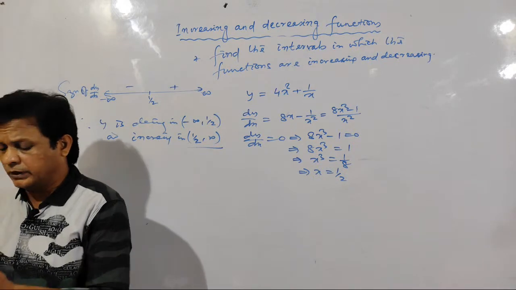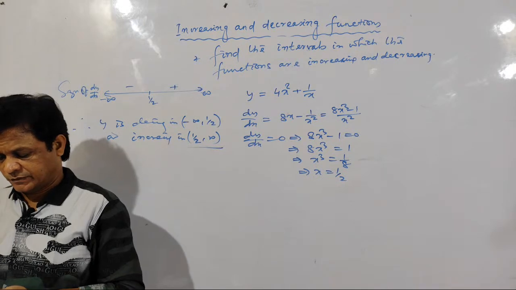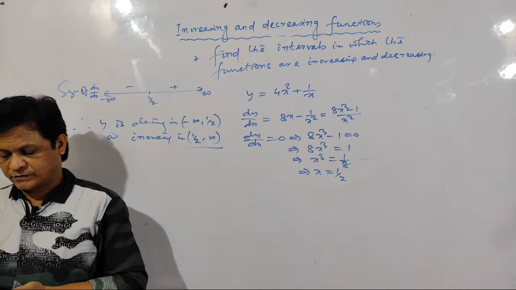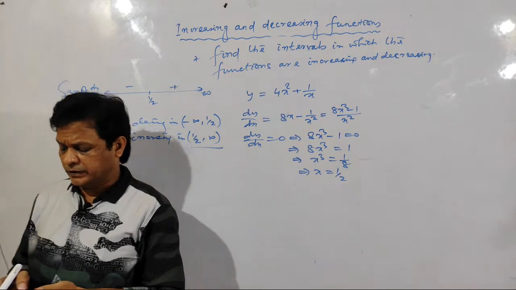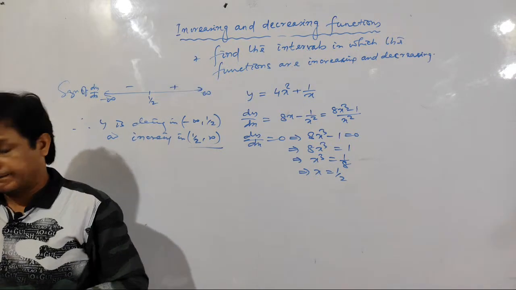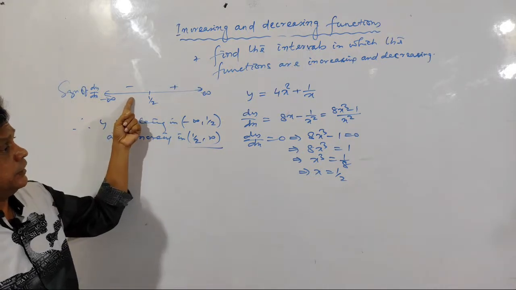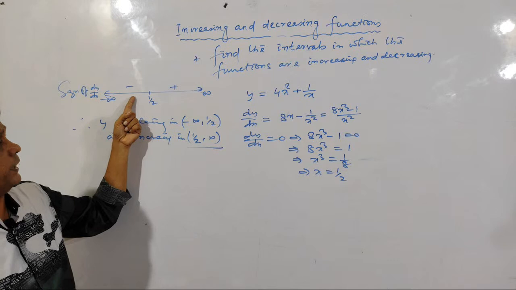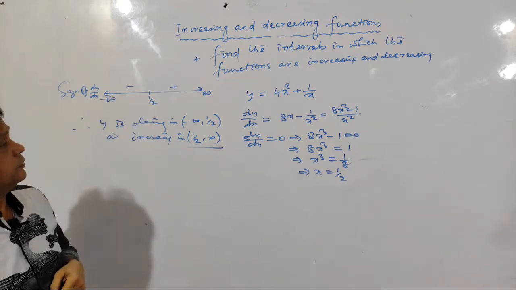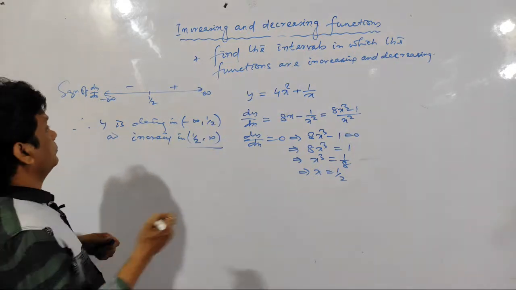Is it clear to you or not? You should say the interval. Because see here, if you put the 0.5 in between minus infinity and 1/2, here x is unequal to 0.